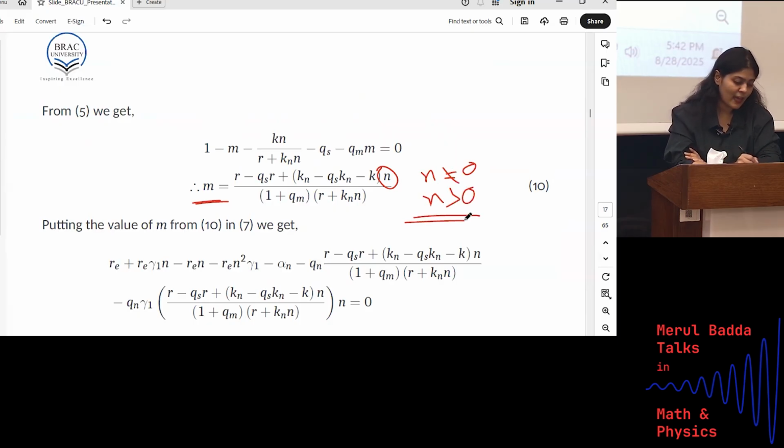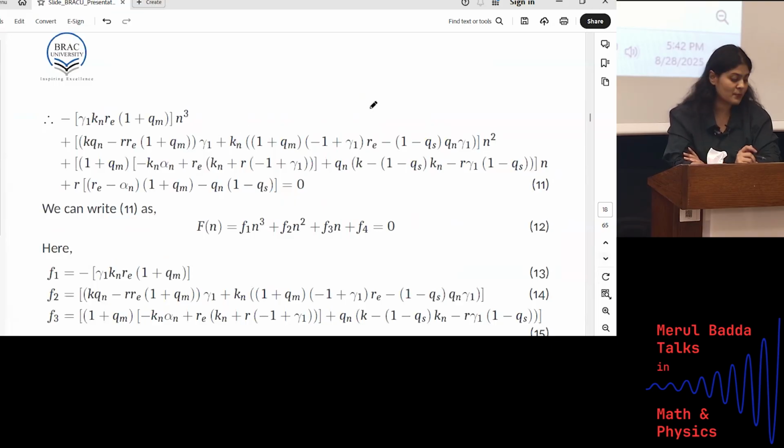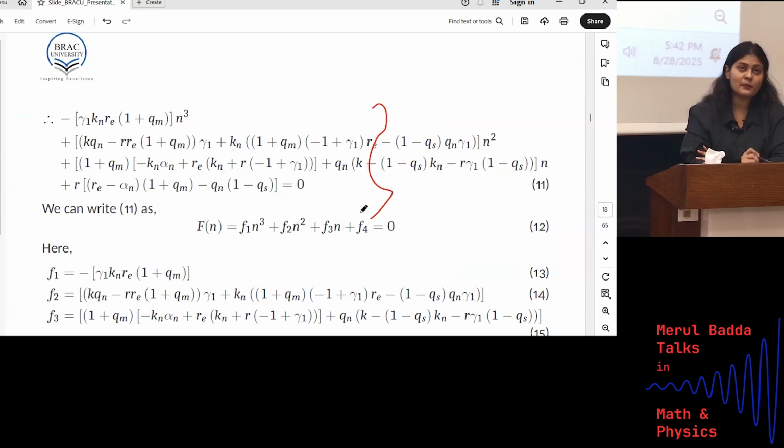Again, if we put the value in this equation, then after some calculation, we can find this kind of expression or equation. We can rewrite the expression in a simple way.